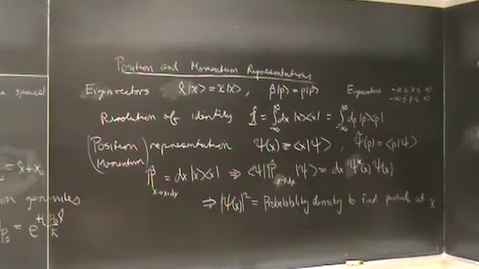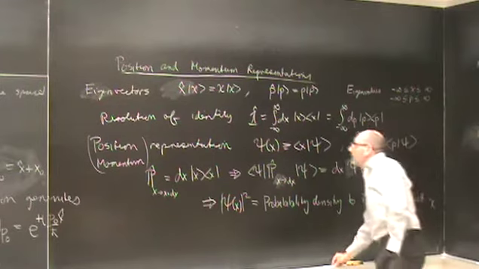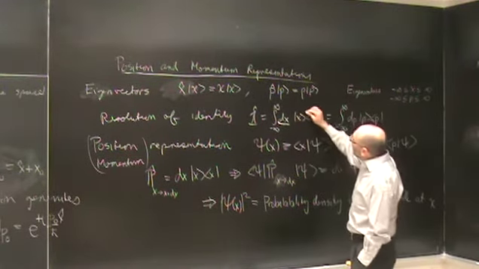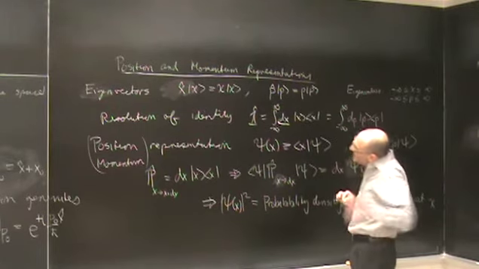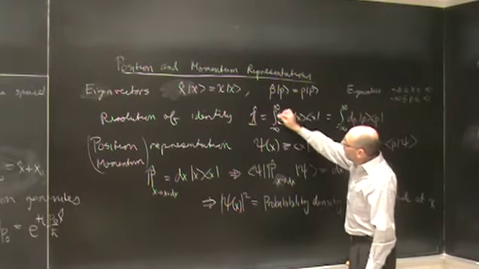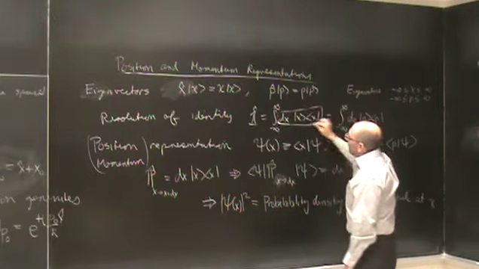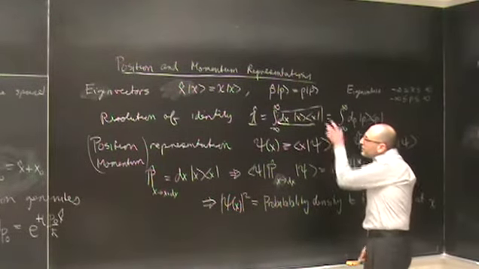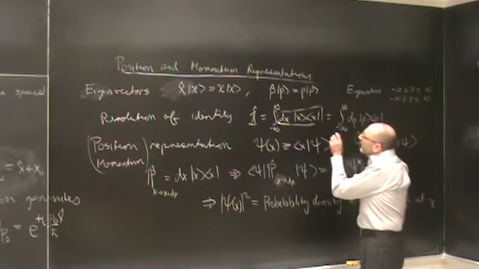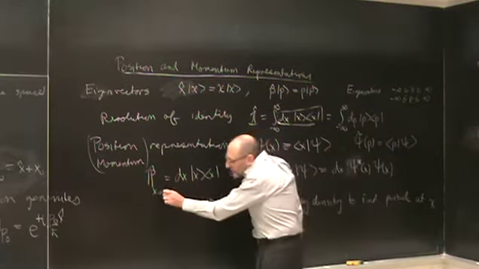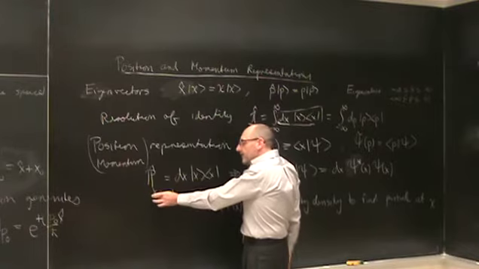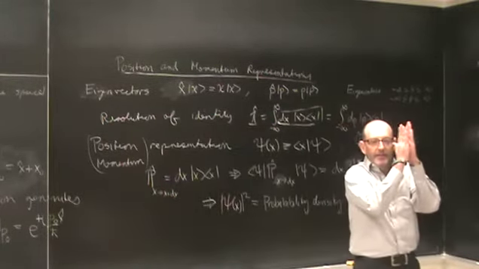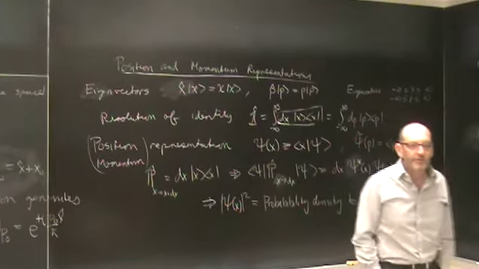Okay? And since we have this continuum here, if we want to talk about a projection into some finite region, then this object represents a projection operator that projects the system into a differential region of the real line between x and x plus dx. So that's the projector in that slice of space.